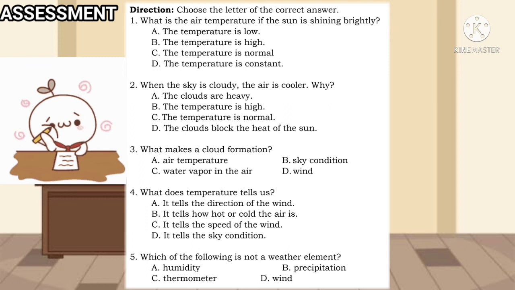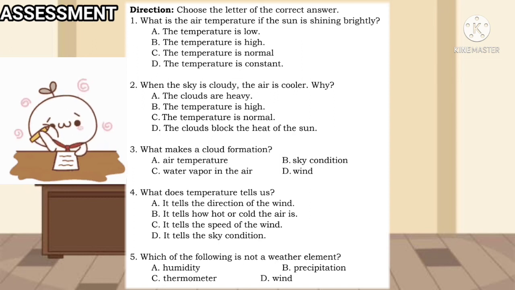Number 3. What makes a cloud formation? A. Air temperature. B. Sky condition. C. Water vapor in the air. D. Wind. Number 4. What does temperature tell us? A. It tells the direction of the wind. B. It tells how hot or cold the air is.